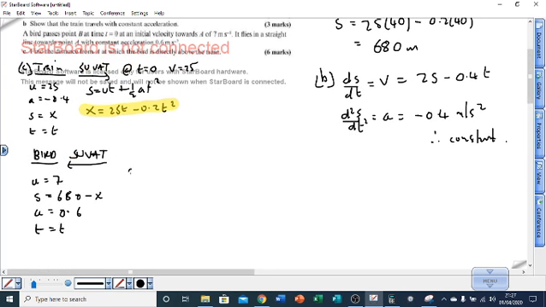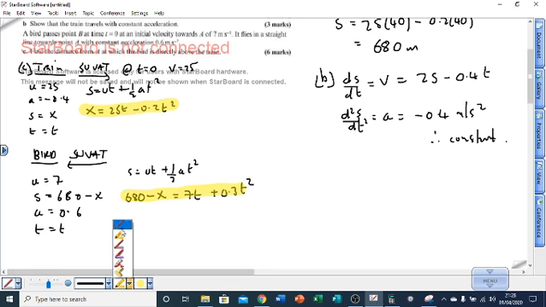So again, s equals ut plus a half at squared. I end up with 680 minus x is equal to ut, that is 7t, plus a half at squared, that's plus 0.3 t squared. And that's my second of my simultaneous equations.